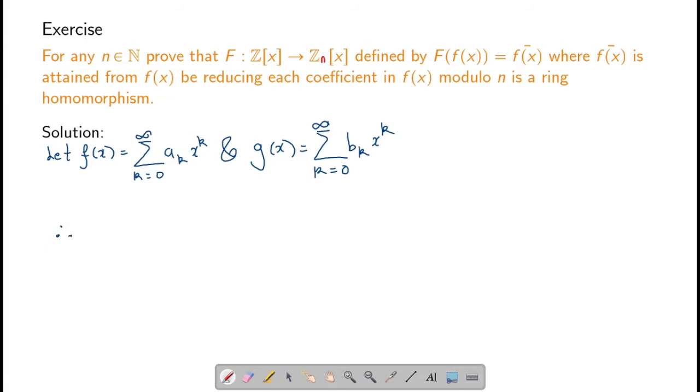Therefore f(x) plus g(x) will be the polynomial obtained by adding the corresponding coefficients.